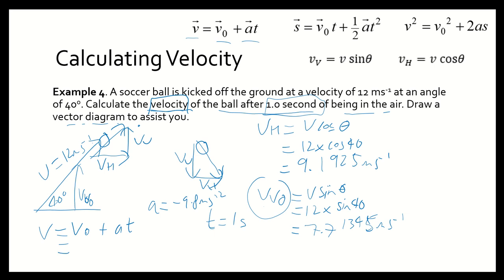So our initial vertical component is 7.71345, and then we're going to add on negative 9.8 times 1 second.